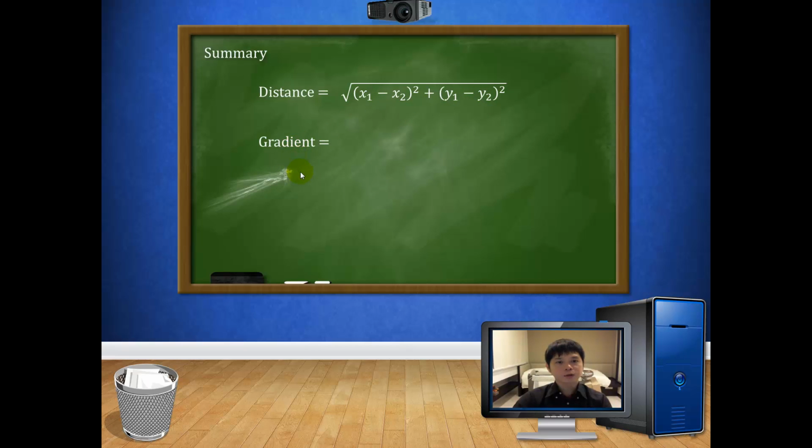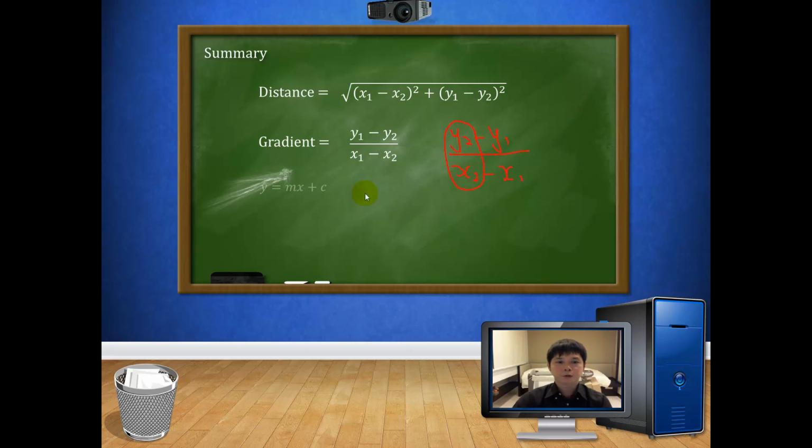And the gradient formula we have just covered is y1 minus y2 over x1 minus x2. Now you can also memorize it as y2 minus y1 over x2 minus x1. It doesn't matter as long as if you start from point B for the numerator, you should also start from point B for the denominator.